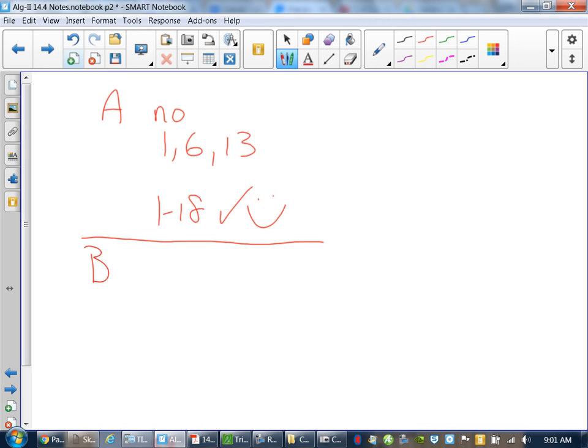On the B, you should be happy at numbers 1 through 12. Everything on there you're going to be able to do.